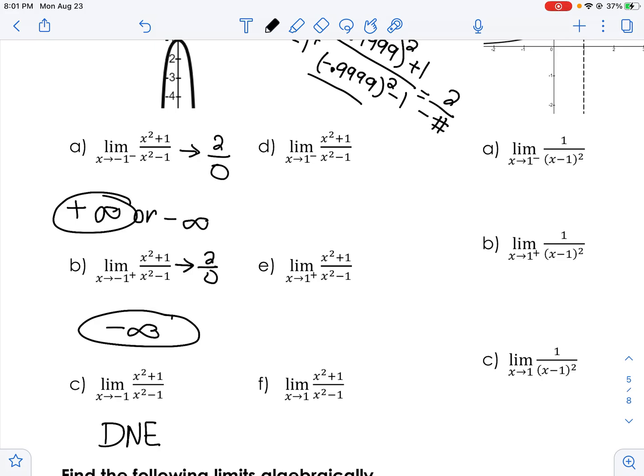Looking at answer choice D, same concept, but now we're dealing with +1. So the limit as x approaches +1 from the left side. So when I plug in +1, again, I get 2/0, which tells me I'm going to have a vertical asymptote. So I know that my answer is either going to be positive infinity or negative infinity.